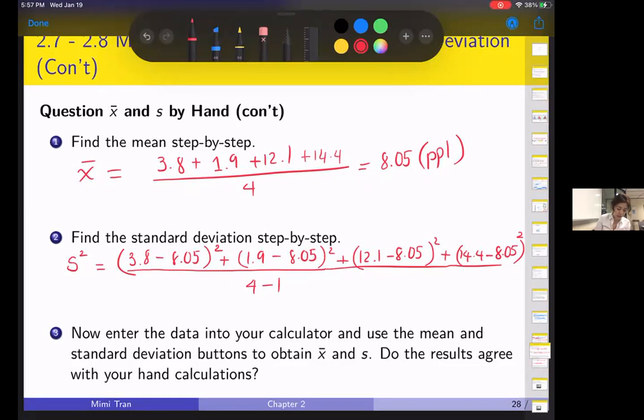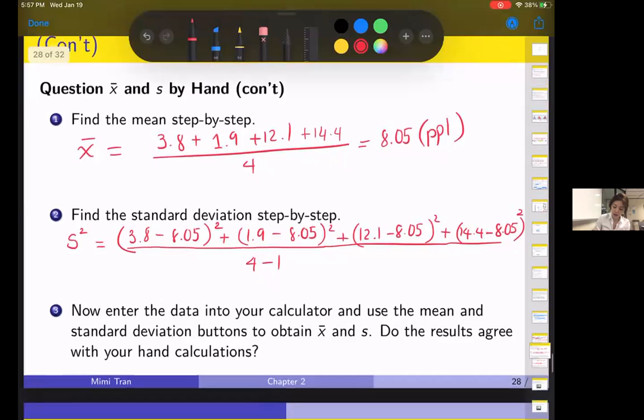So 3.8 minus X squared plus 1.9 minus X squared plus 12.1 minus X squared plus 14.4 minus X squared, divided by 3.